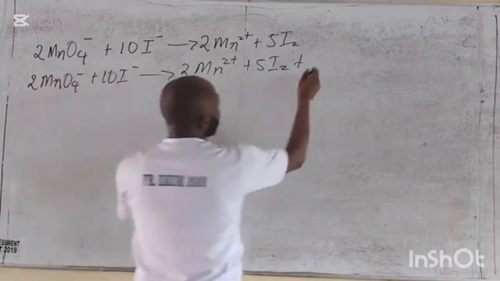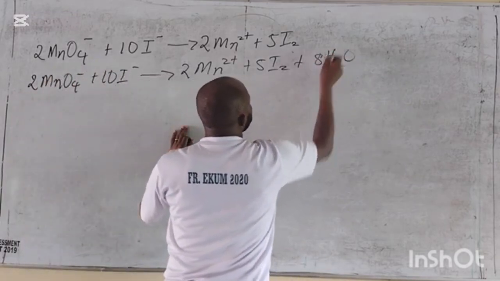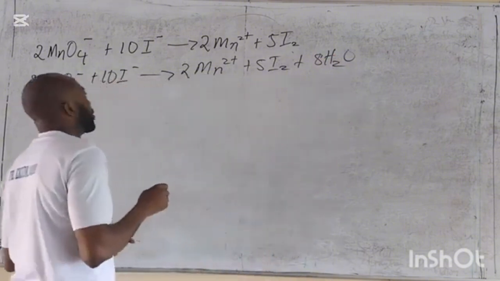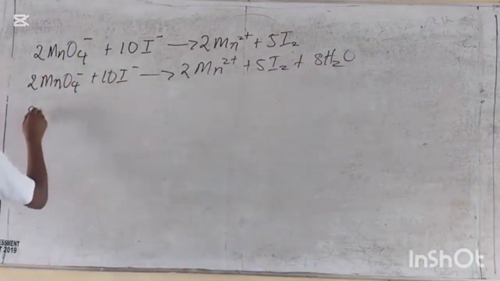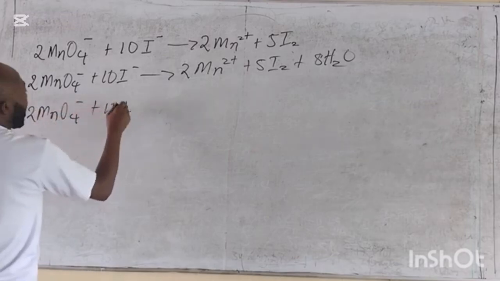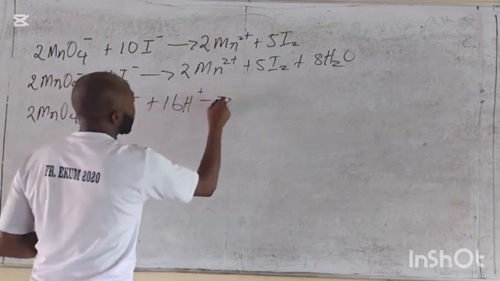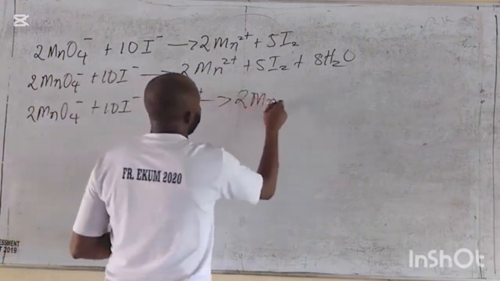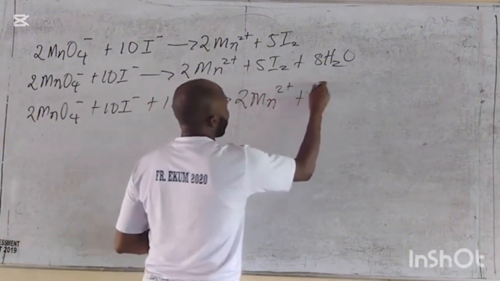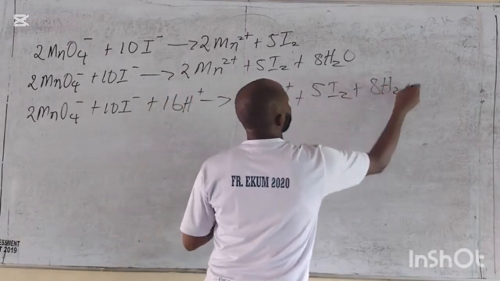8 moles of water, because I have 8 oxygen. And now I have 16 hydrogen. To introduce this, I have 2 MnO4 minus plus 10 iodine negative plus 16 hydrogen plus will give us 2 Mn2 plus, 5 iodine molecule plus 8 moles of water.